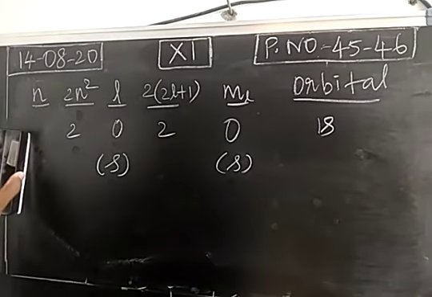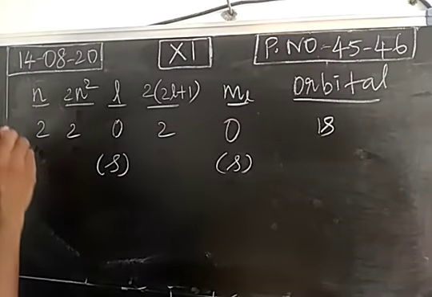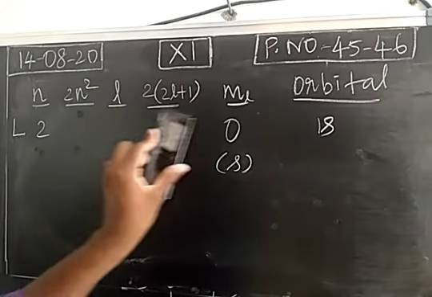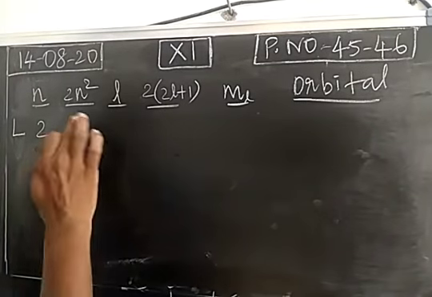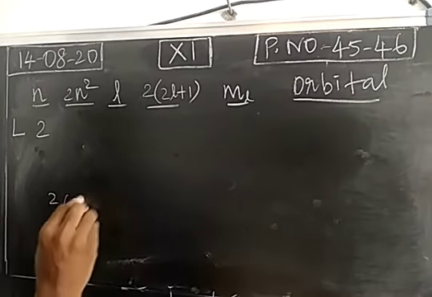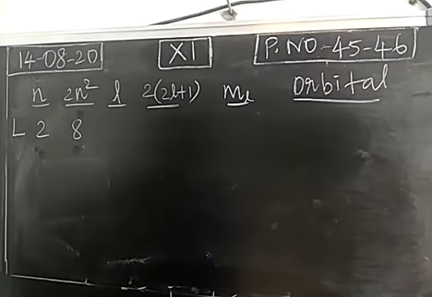Take the second orbit, the second shell. The second shell is denoted by the L shell. Right. Two n squared formula, so 2 into 2 power 2. Maximum 8 electrons can be accommodated in the second orbit.